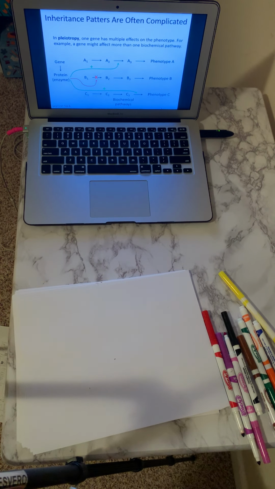Just because one gene doesn't work properly, it has to impact the other genes downstream of it. So if it's not working properly, you might have defects in other genes, even though those genes might not technically be broken. So it's a very interesting concept of pleiotropy, where one gene impacts more than one trait.